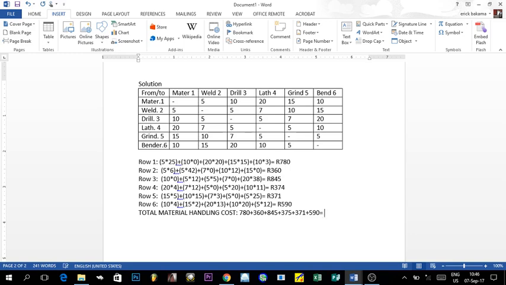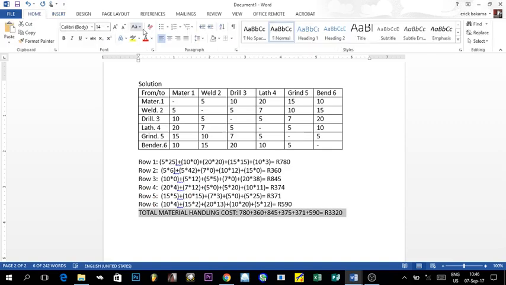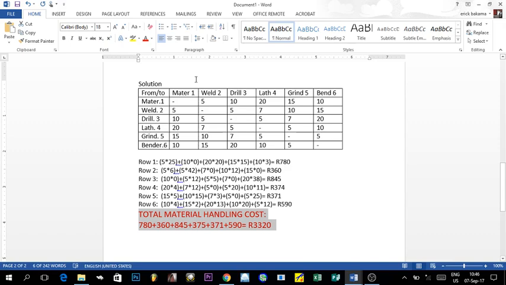And the value that we get is 3,320. This is the total. In short, this is the handling cost for this allocation. It means that if we use that allocation, the company must be expecting a total handling cost of 3,320. In short, that's it about this part of the first allocation.